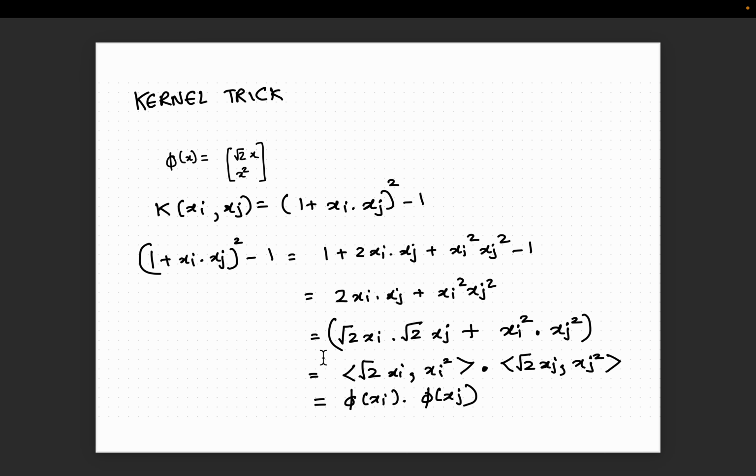So by symmetry, we can see that the first term is root 2 xi and xi squared, and the second term is root 2 xj and xj squared. If these are the two vectors and you do the dot product of them, you will get 1 plus xi dot xj whole squared minus 1. So the first vector, which only contains xi terms, you can write as phi of xi, and the second vector, which only contains xj terms, you can write as phi of xj.